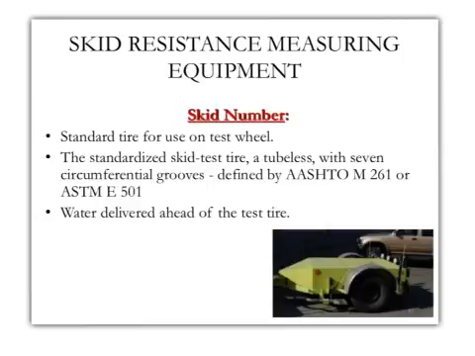Then we're also gonna need to deliver water. Remember, the worst case scenario where the skid resistance will be really compromised is during wet conditions. Therefore, while we're trying to measure skid resistance, we have to provide some water ahead of the test tire to measure friction while the surface of the pavement is wet.